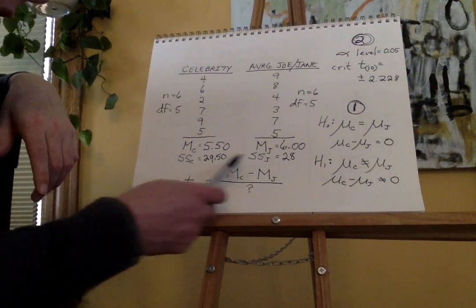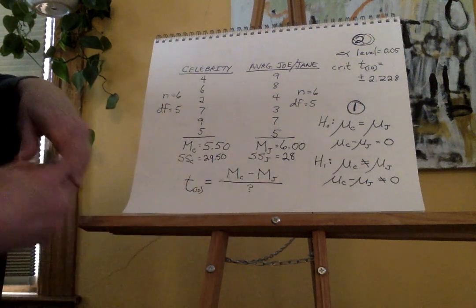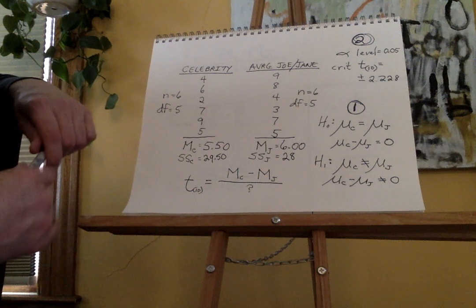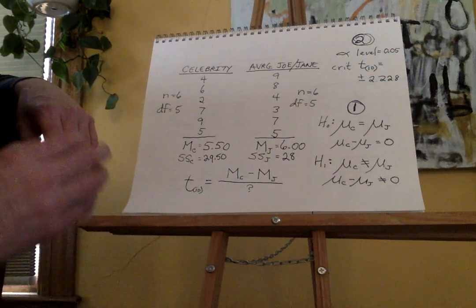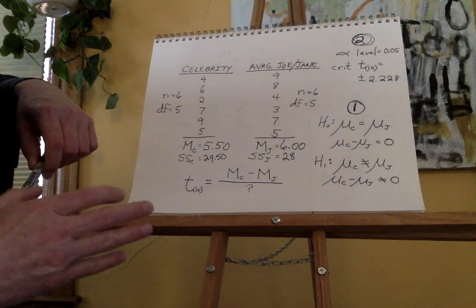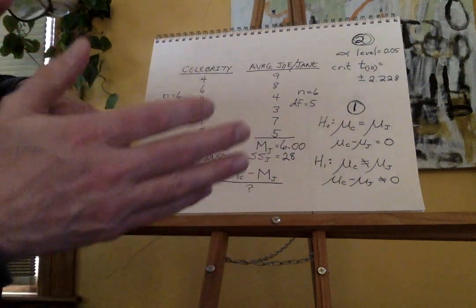All right? Let's go back to our numbers, our celebrity group, the average Joe group, okay? Sum of squares for this, sum of squares for this. Now, what we're going to do is put these two variabilities together, because what we're going to assume, this will be a test question for sure, okay?